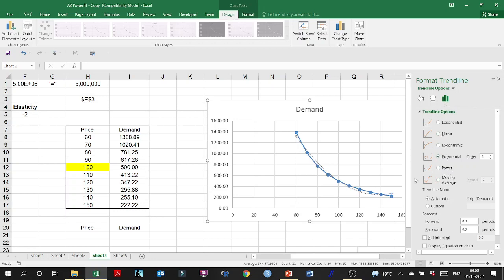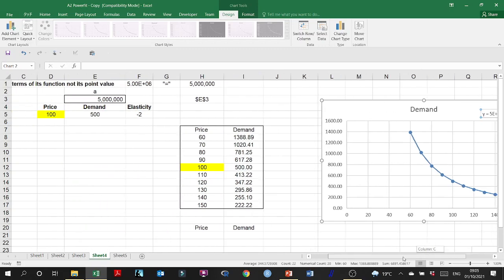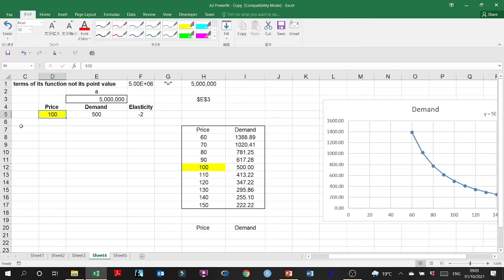Because if you put it anything else, it won't be as precise. But put it as power, so it will overlay almost exactly on it, and display the equation. So if you take a look at the equation, you will find out that the equation is 5 million x to the power of minus 2. This worked nicely here, 5 million and all that, because the price is 100 here.